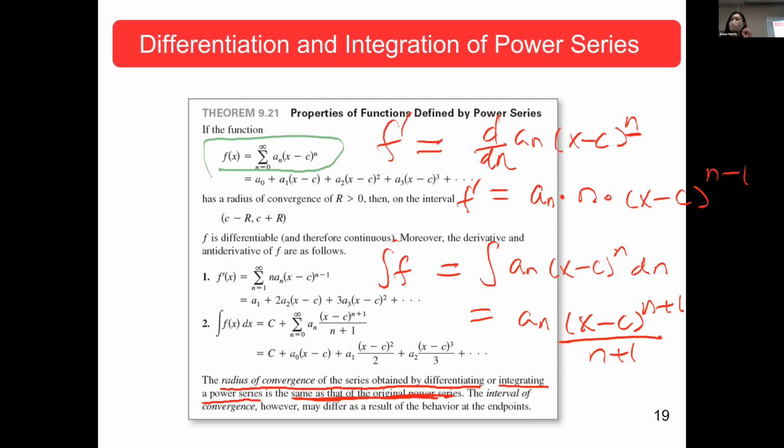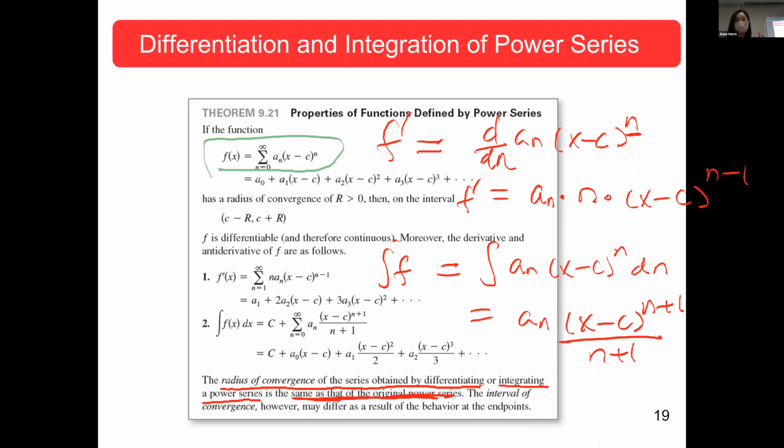In other words, that means I have a choice. I can use the function to do the ratio test. I can do the derivative for the ratio test, or I can do the integration for the ratio test. I will choose whichever is easy for me.